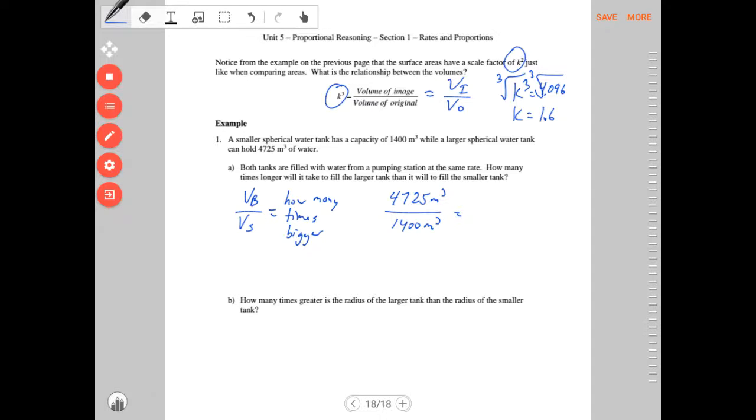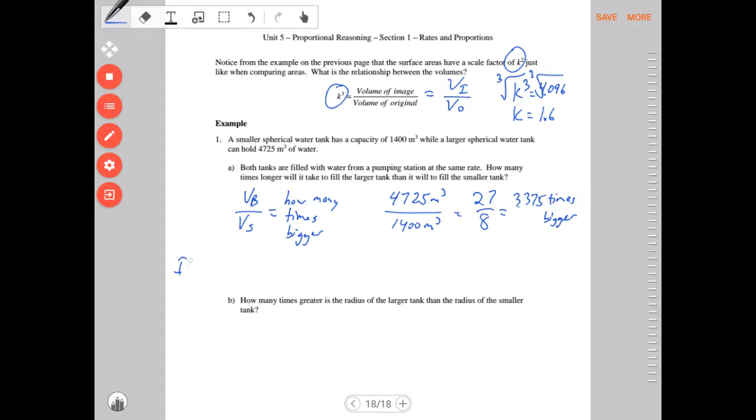When we type that into our calculator, we get 27/8 or 3.375 times bigger. So if it's 3.375 times bigger, it's going to take 3.375 times longer to fill that compared to the smaller tank.